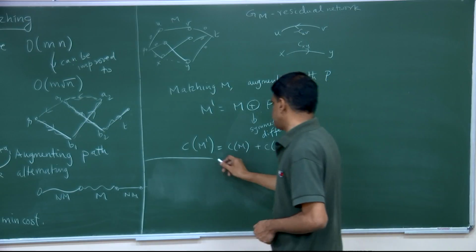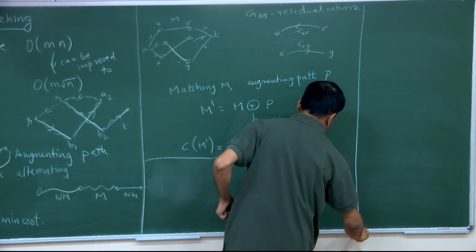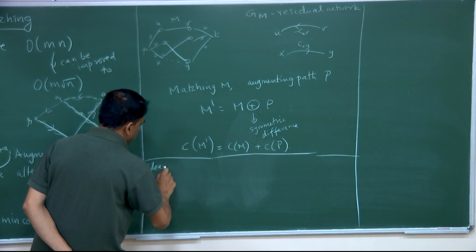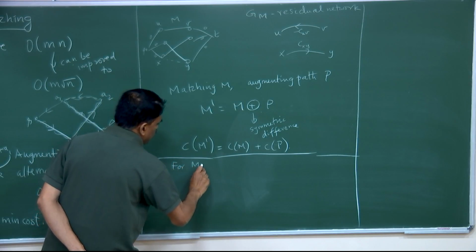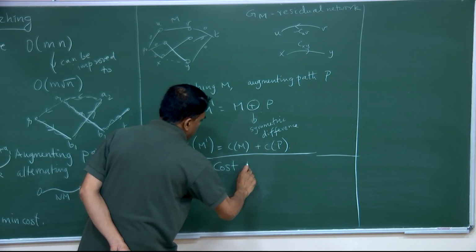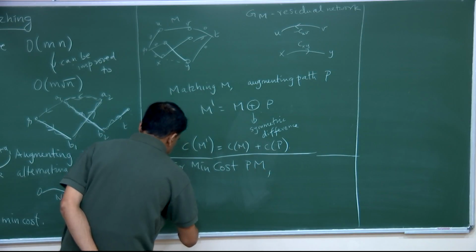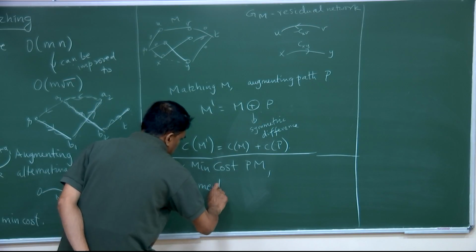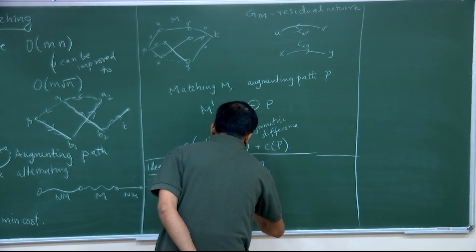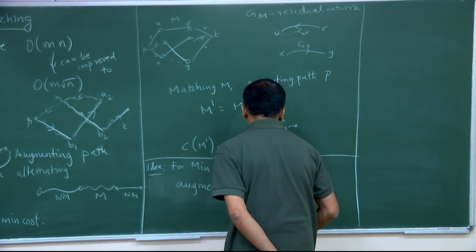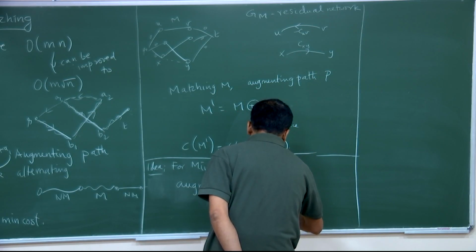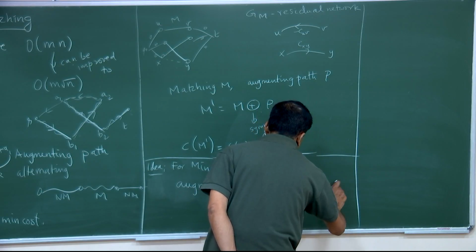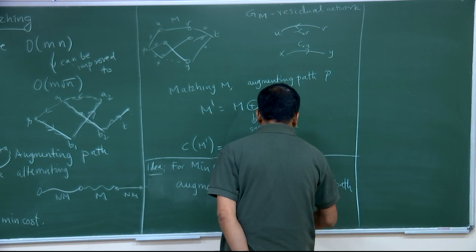So, first idea for min cost perfect matching is augment using min cost path among ST paths.